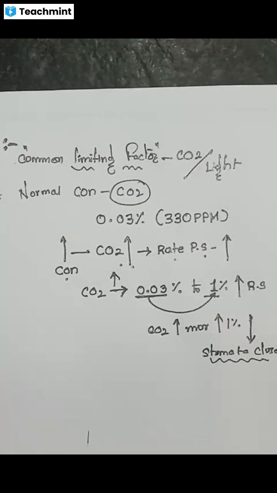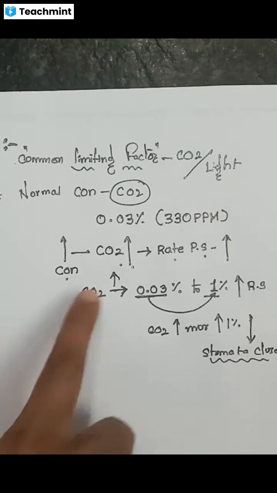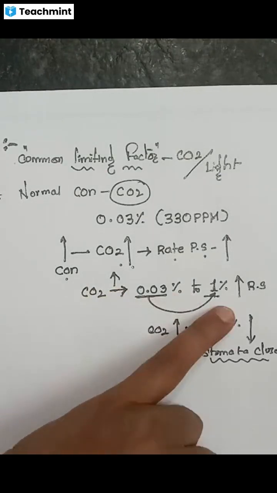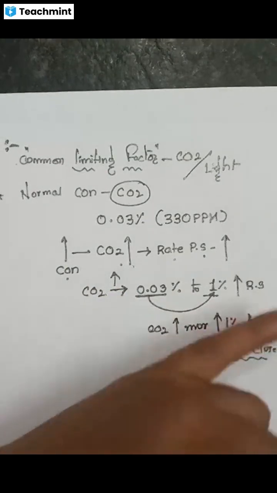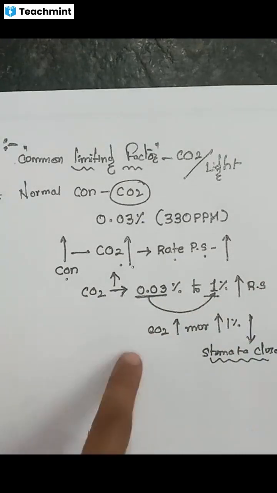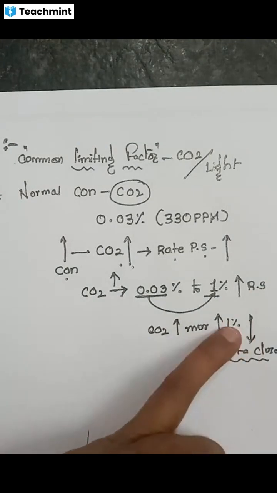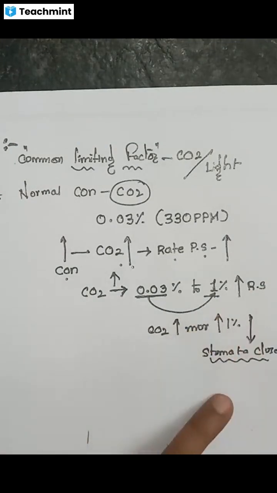As the concentration of carbon dioxide increases, the rate of photosynthesis also increases, up to 1 percent. When it increases more than 1 percent, the photosynthetic rate is decreased and stopped because the stomata are closed. This is the second factor, carbon dioxide.